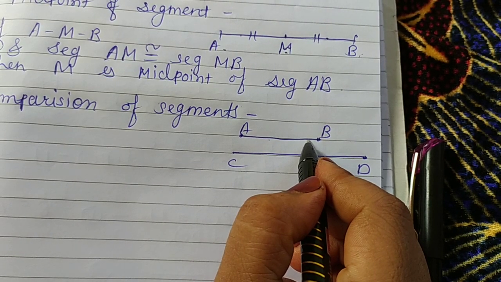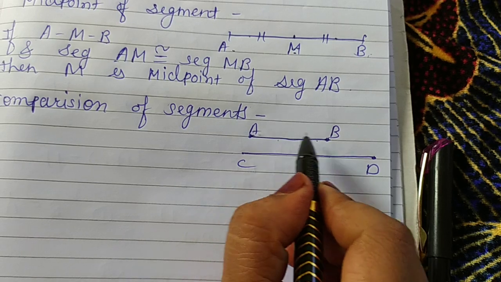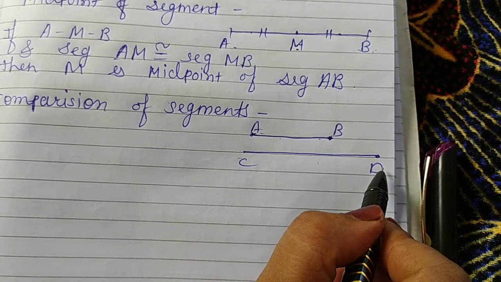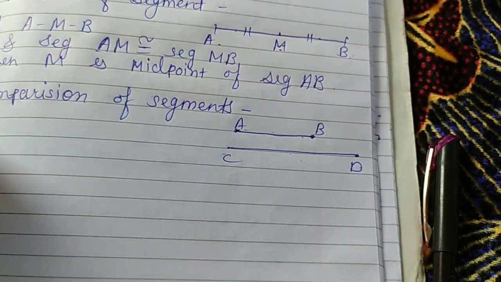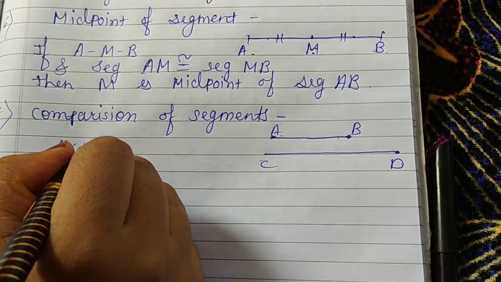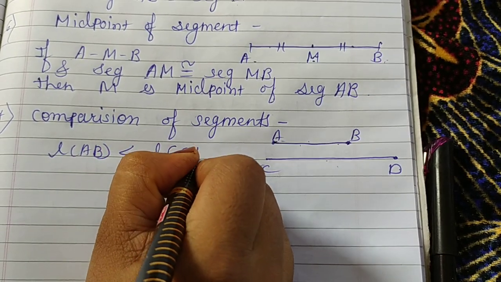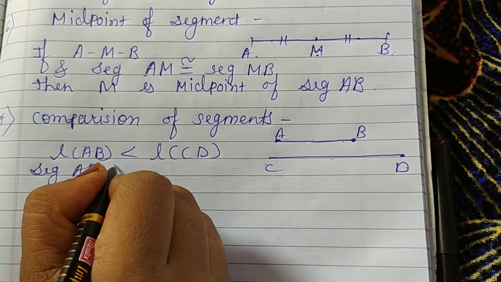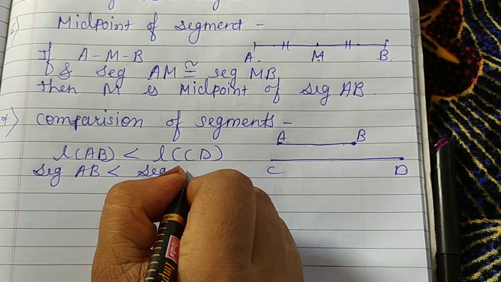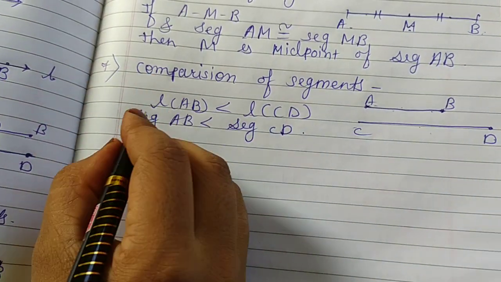Mathematically, if the length of segment AB is less than the length of segment CD, then we can say segment AB is smaller than segment CD.